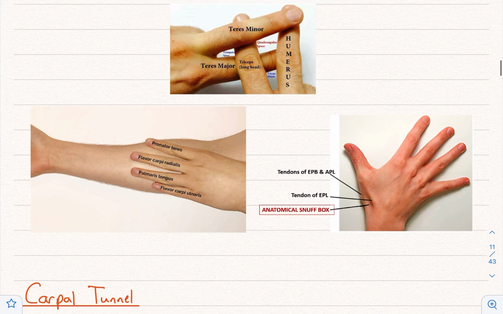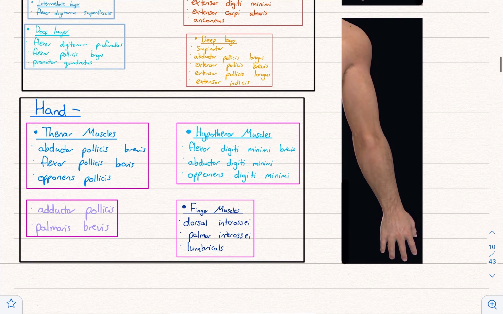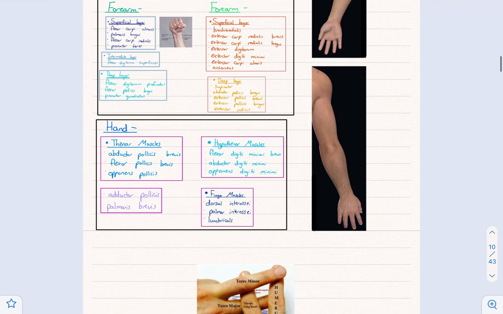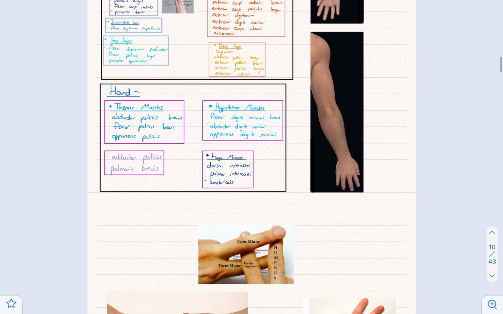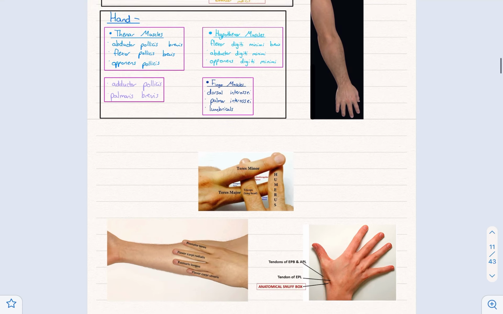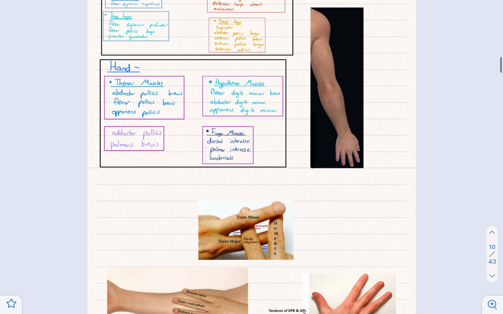Okay, this image now is for the anatomical snuff box. If we match up each of these letters with what's going on, here is the actual anatomical snuff box, and it's formed by each of the tendons. So EPB and APL. EPB, extensor pollicis brevis, which is there, so it's a deep layer.